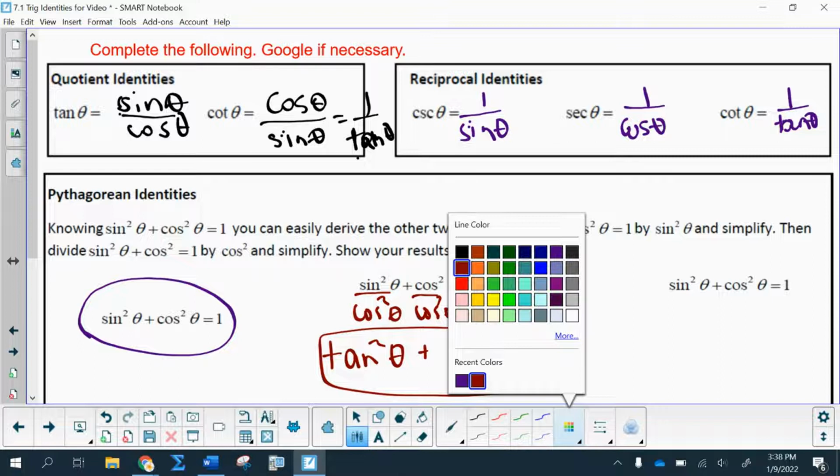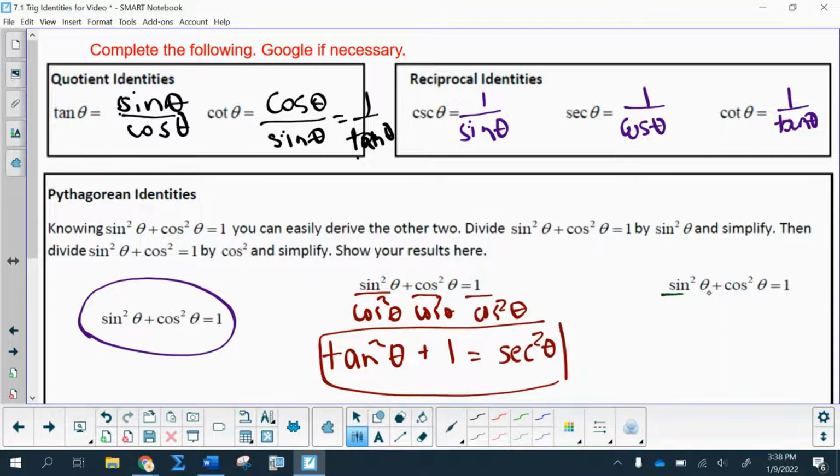And then the third one could be derived by dividing each term by sine squared. So sine squared over sine squared is 1. Cosine squared over sine squared is cotangent squared, and 1 over sine squared is cosecant squared.